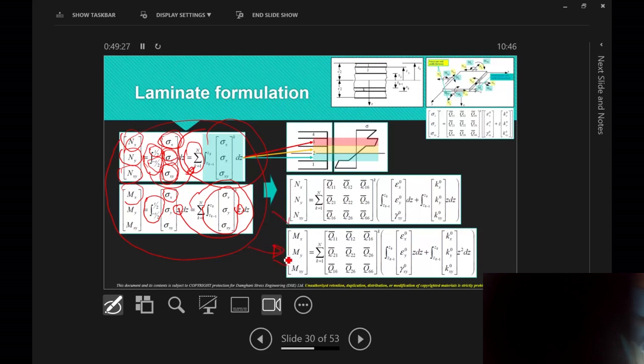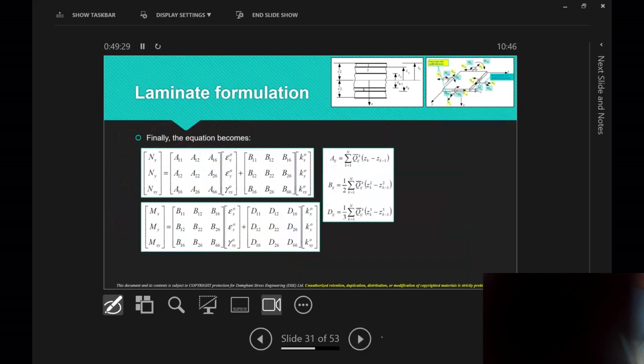Eventually you come up with this kind of thing, and we can further simplify that as that, and that's the key here. So go through it at your convenience. I've uploaded 3-4 books. You can go through it in detail if you're interested, which I highly doubt, but you need to know this. That's the key for composites. So the forces and strains in composites are associated to each other.